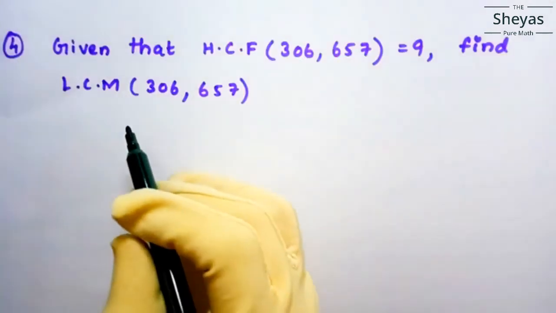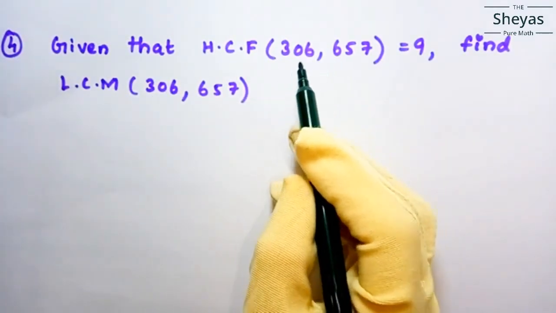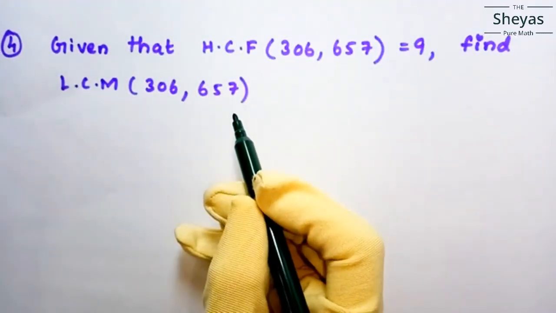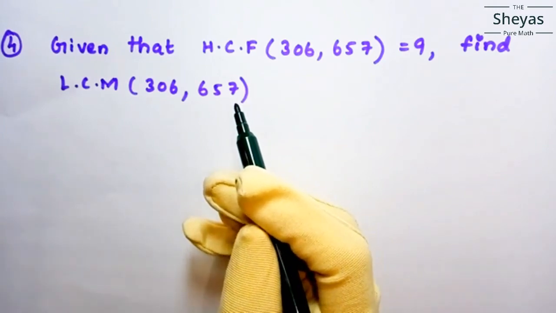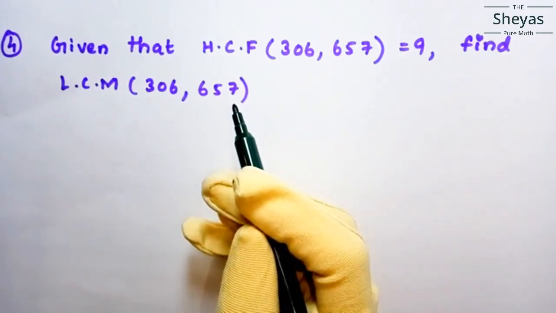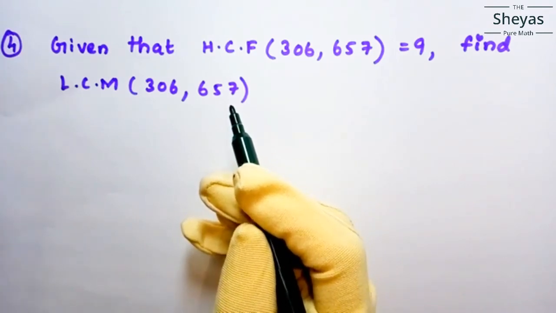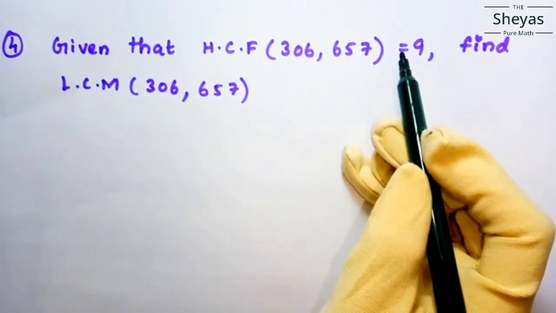Next problem. Given that the HCF of the two numbers 306 and 657 is equal to 9, find the LCM. It is similar to the previous problem, but the only difference is that in the previous problem you found the HCF using the prime factorization method, while in this problem they have directly given it in the question.